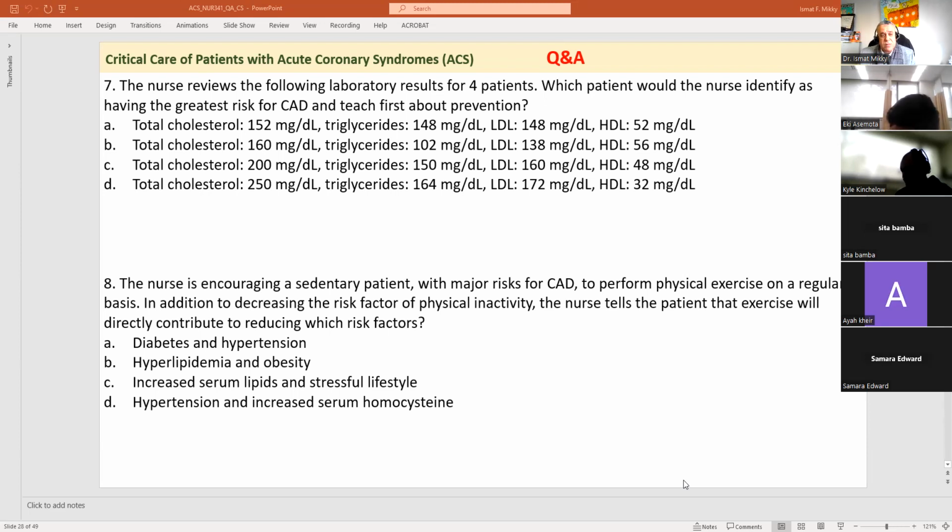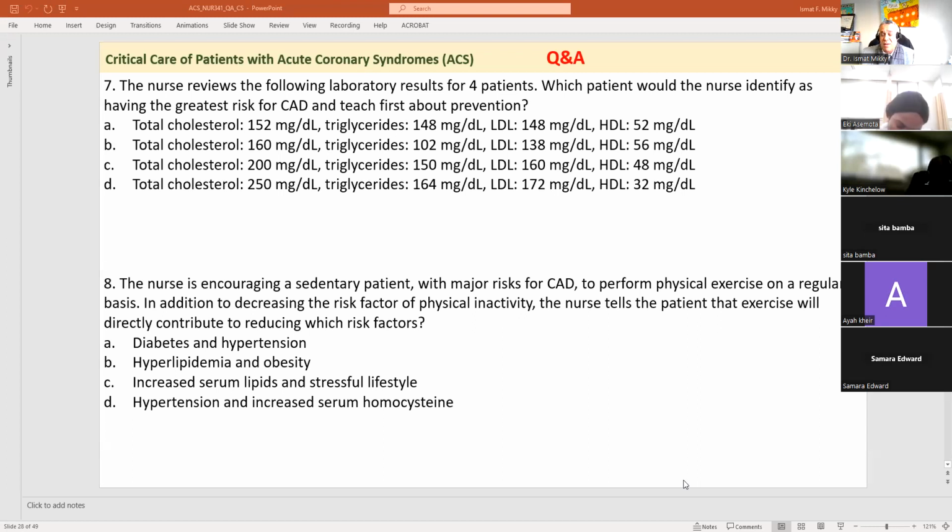The exercise also may indirectly reduce the risk for coronary artery disease, because it will control the blood pressure. If the patient is hypertensive, that will be controlled. It will promote the glucose metabolism, because it has an effect on the sensitivity to insulin.